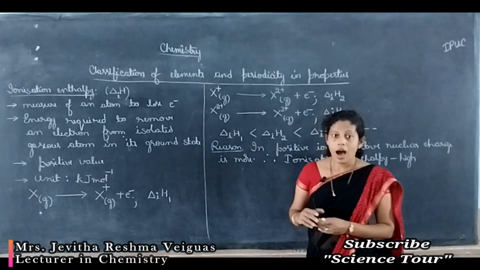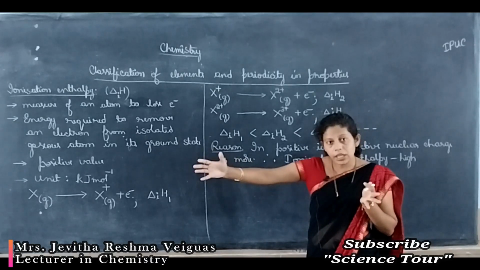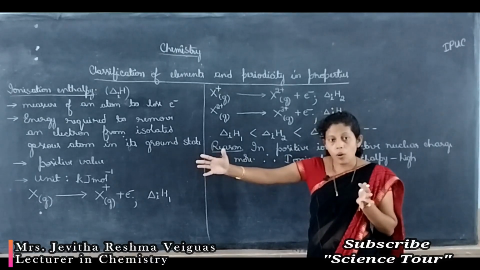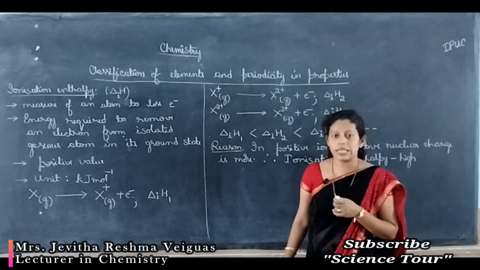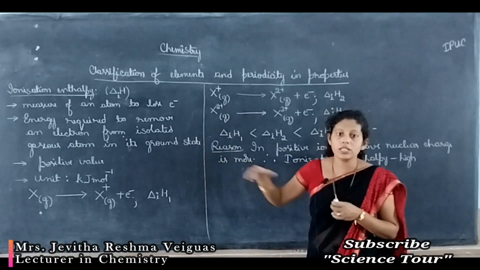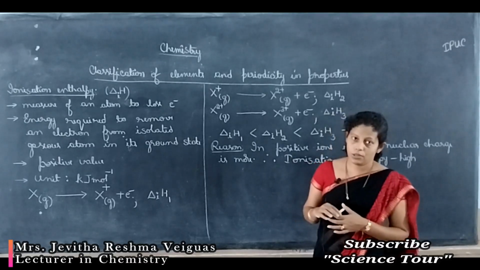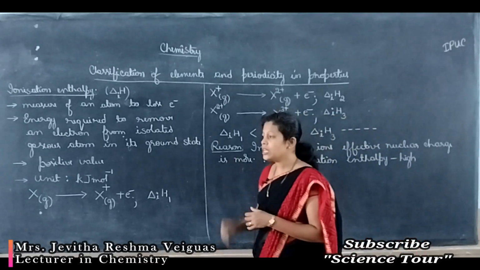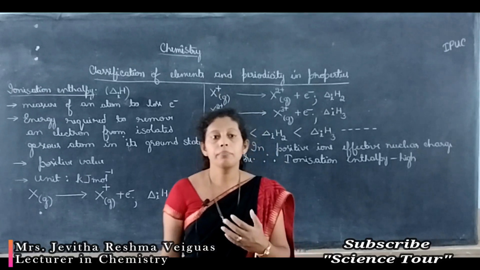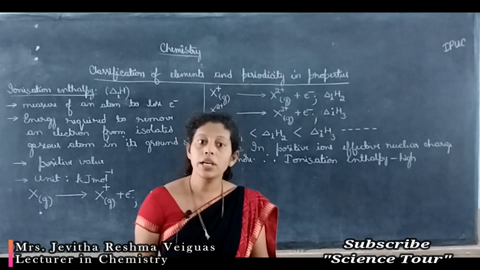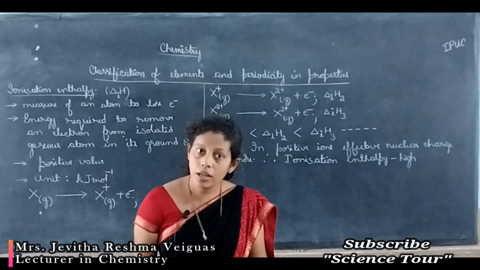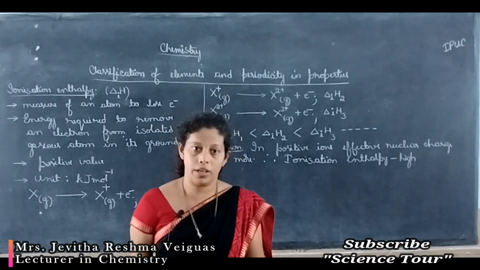Students, as size of atom increases, removal of the last electron becomes easy, meaning ionization enthalpy is less. So low ionization enthalpy means tendency to lose electron is more. Higher ionization enthalpy means losing an electron is difficult.